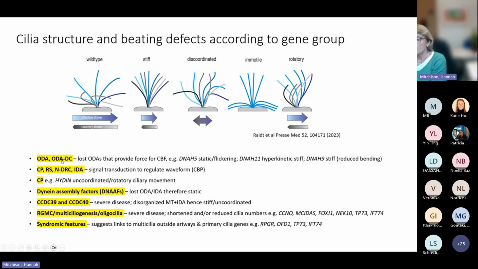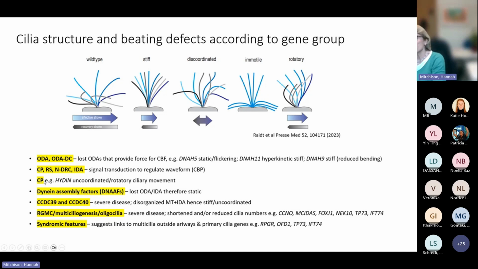So briefly, with outer dynein arm and outer dynein arm docking complex defects, you get this static or flickering motility. Central pair, radial spoke, nexin links, inner arm, these are involved in signal transduction. So rather than actually powering the beat as the outer dynein arms do, these do more to regulate the waveform and generate the ciliary beat pattern.